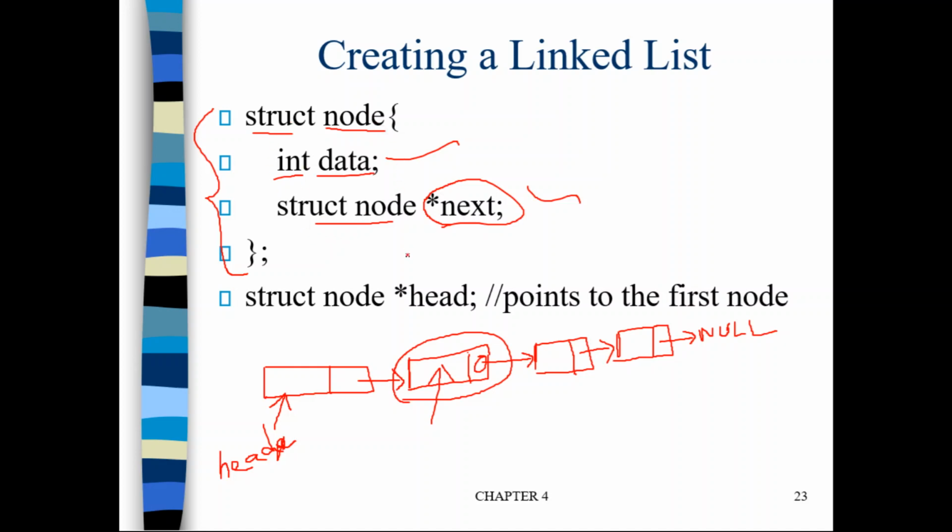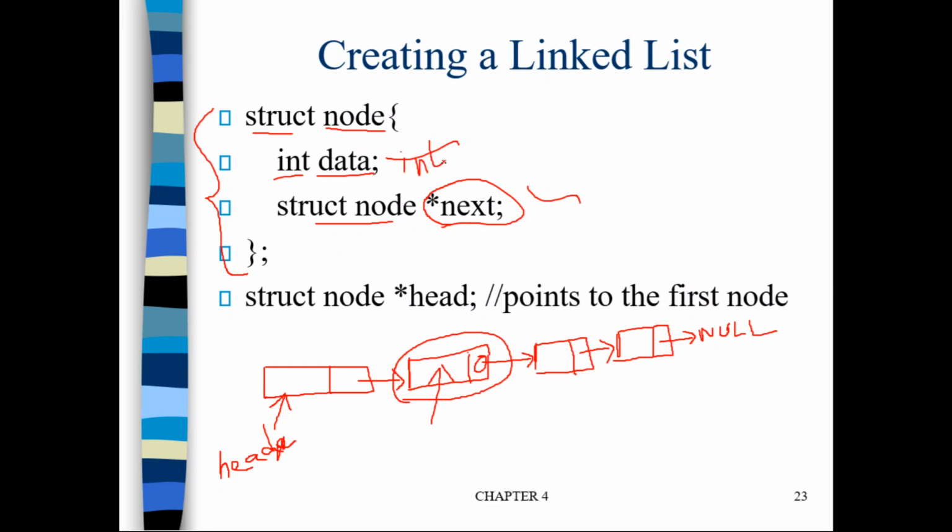Using this we can create the basic components of a linked list, which is nothing but the node. In this linked list, our data part contains only one data item of type integer. If you want, you can include more than one data item. For example, here I can include int age.